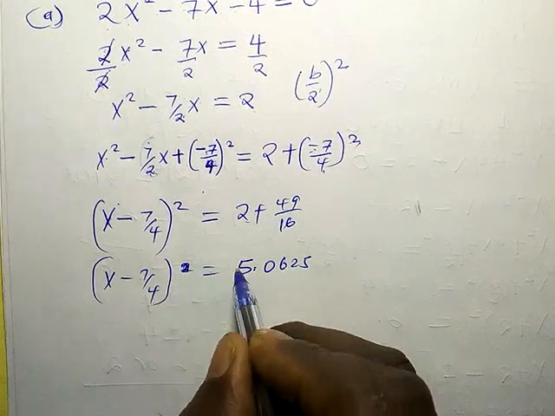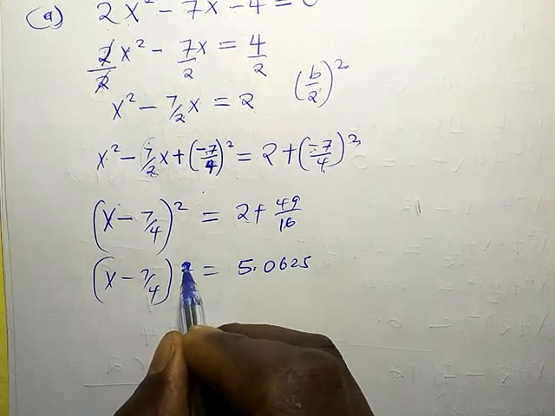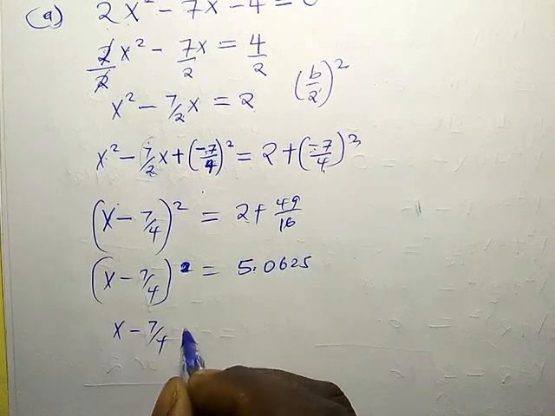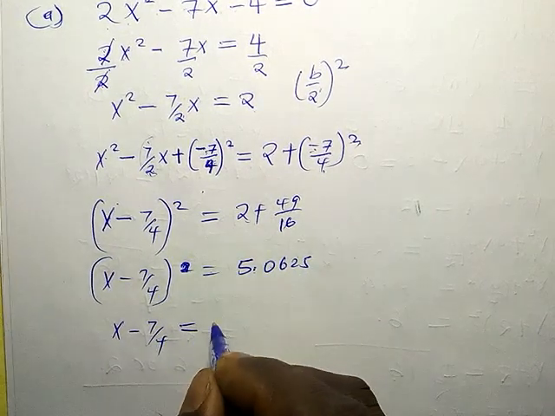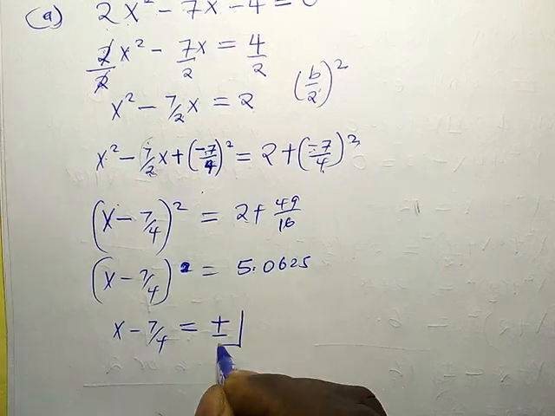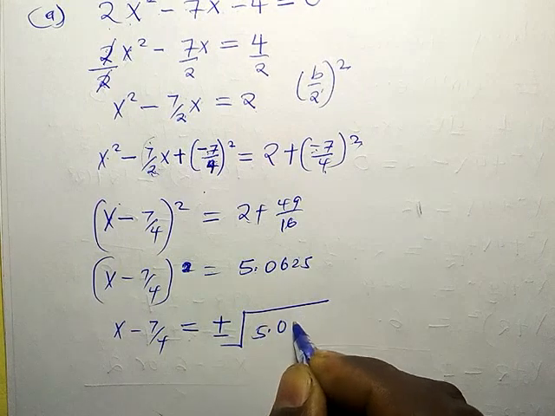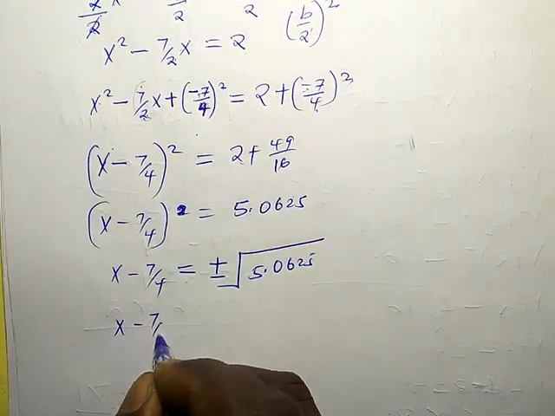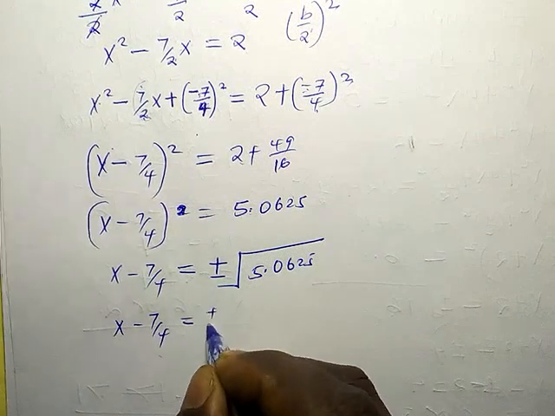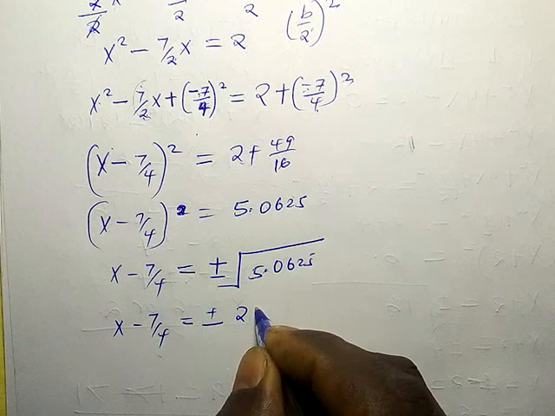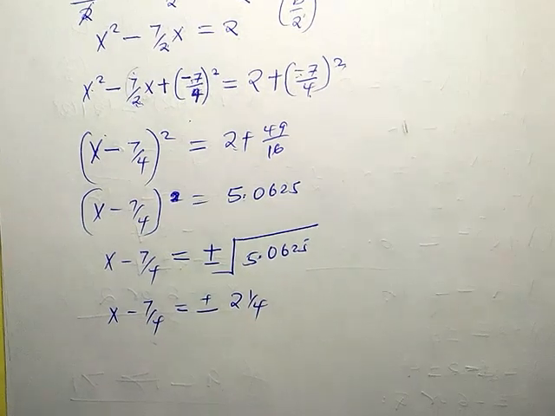Now we want to remove this square here by square rooting this. So x minus 7 over 4 equal to positive or minus the square root of 5.0625. Now x minus 7 over 4 will be equal to positive or minus, the square root of this is 2, you can write it in a fraction, 2 1/4.